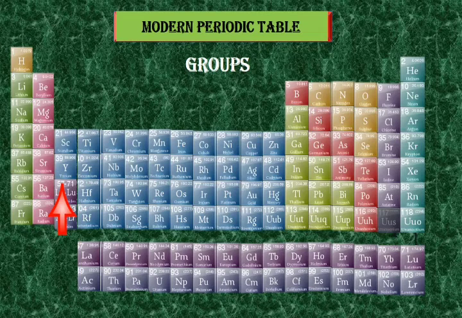The elements present in the third group, lanthanides and actinides, are called inner transition elements.